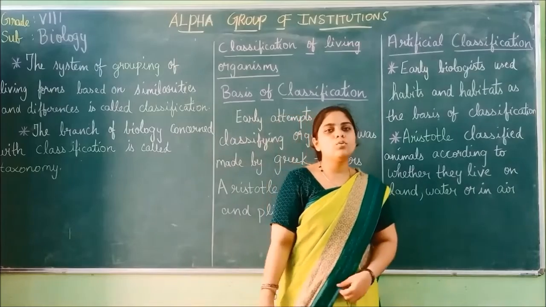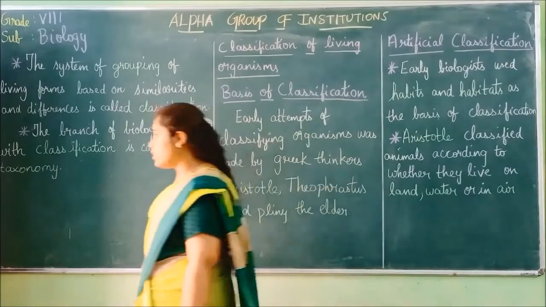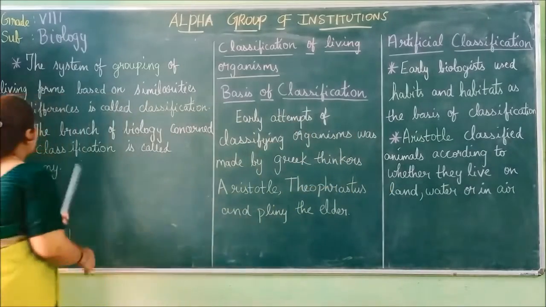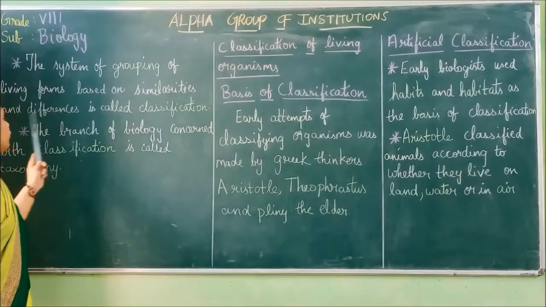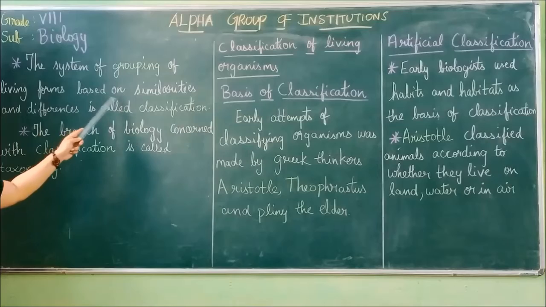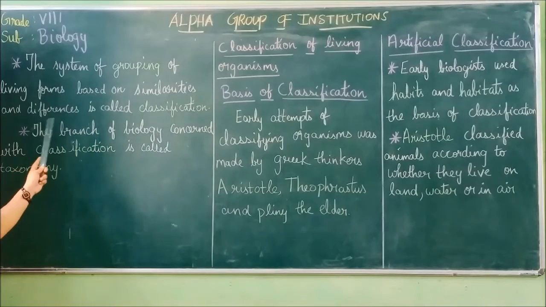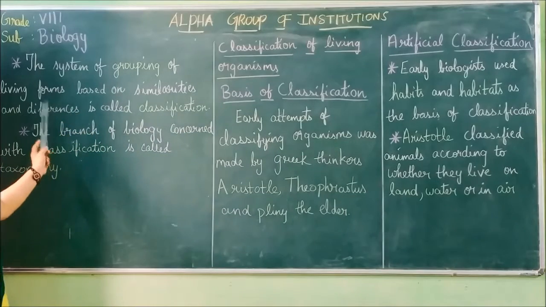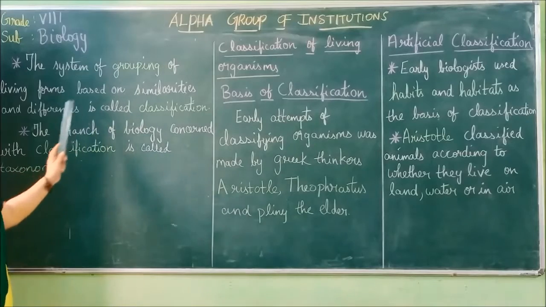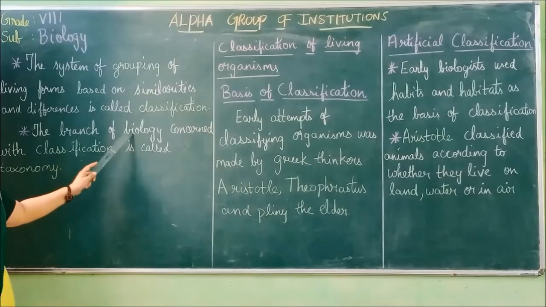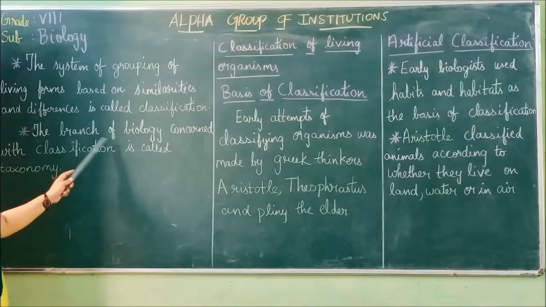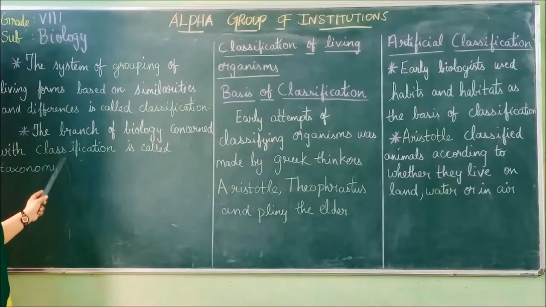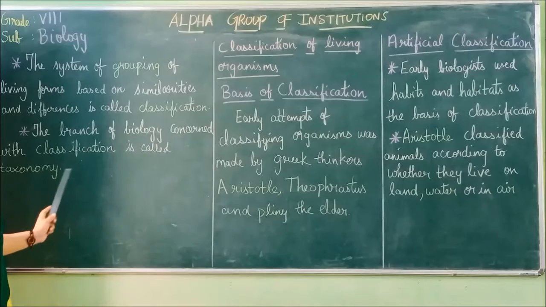Now I will give you a short recap from the first. We saw the definition of classification: the system of grouping of living forms based on similarities and differences. Grouping of animals based on similarities and differences is called classification, and the branch of biology concerned with classification is called taxonomy.